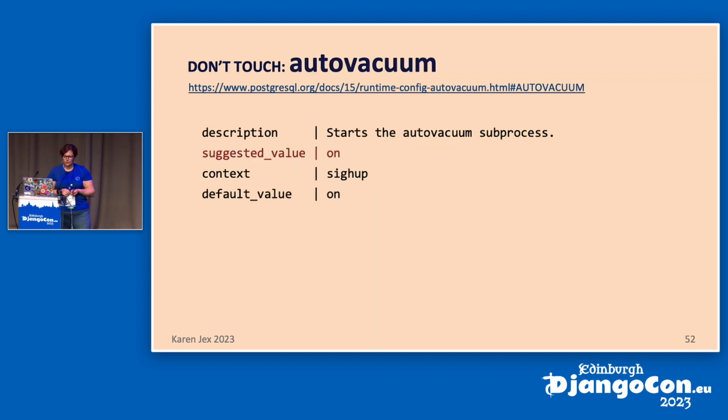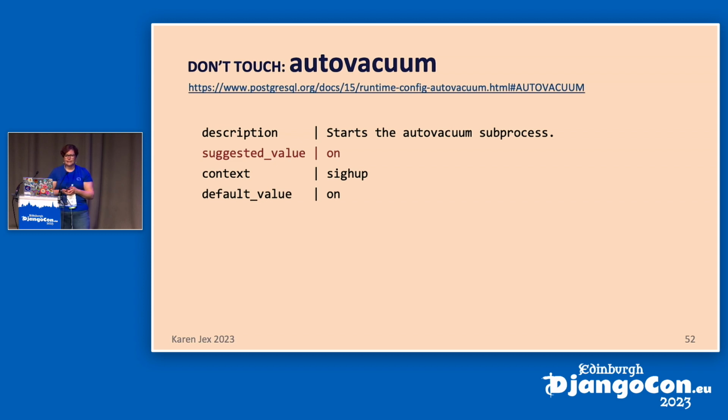And autovacuum. The documentation describes autovacuum as optional but highly recommended. Autovacuum will keep an eye on your tables, and if you've had a large number of changes, then it will either vacuum or analyze the tables or both to make sure that you're getting rid of the bloat and that you've got up-to-date statistics.